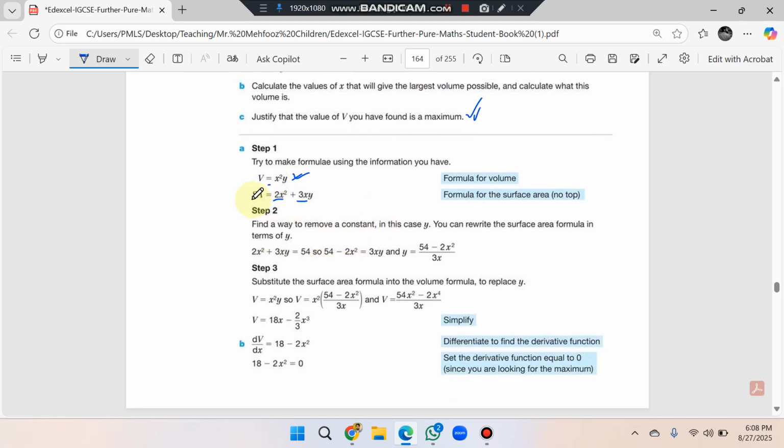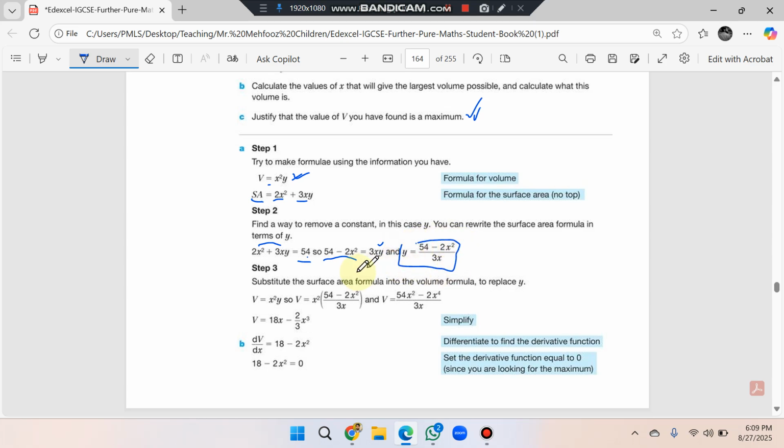So we just put surface area equals 54, and you have an equation: 54 as it is, this 2x squared goes to the right side, it becomes 54 minus 2x squared equals 3xy. If we are finding the value of y, it becomes 54 minus 2x squared over 3x. So this is the value of y.